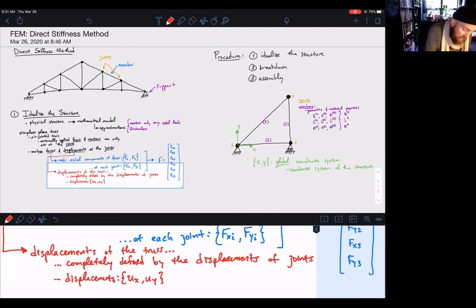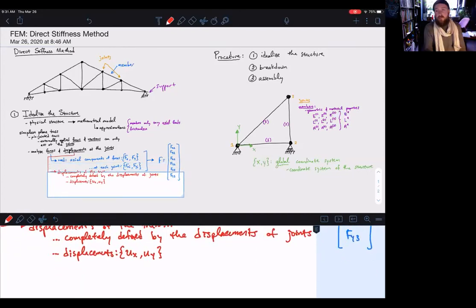And again, we need to calculate these 2 displacements, in this particular case, for all 3 of the joints, or all 3 of the nodes. So at each node we're going to have uxi, uyi.